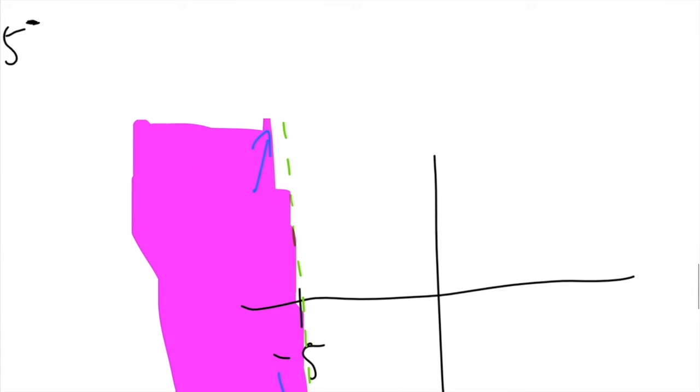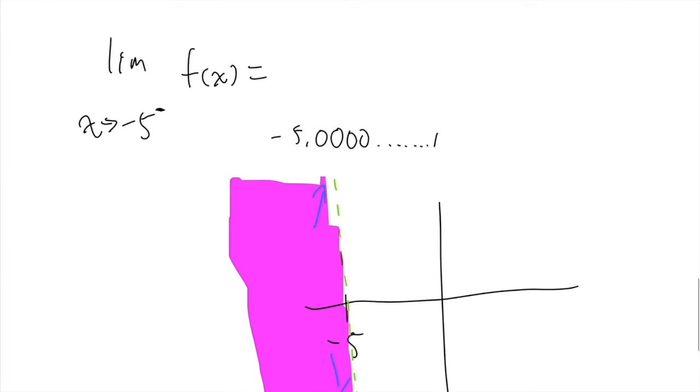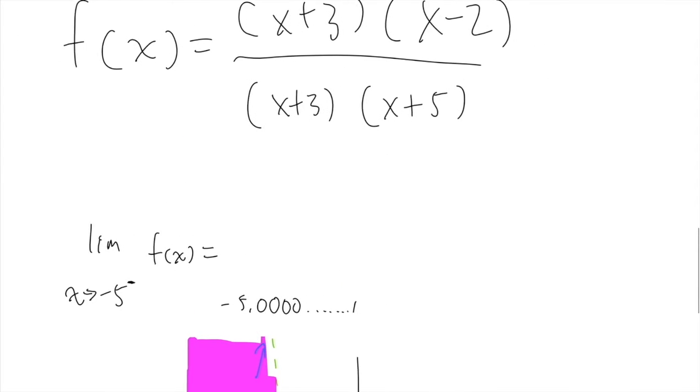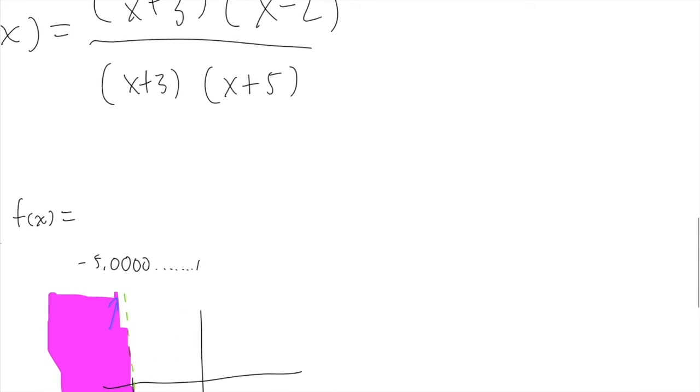So let's choose a value that is very close to negative 5 but isn't. So let's choose negative 5.0000, it could be as many zeros as you want, and then just at the end 1. And we do not have to plug this back into this function, and I'll tell you why. We're going to set up a mock plug-in.